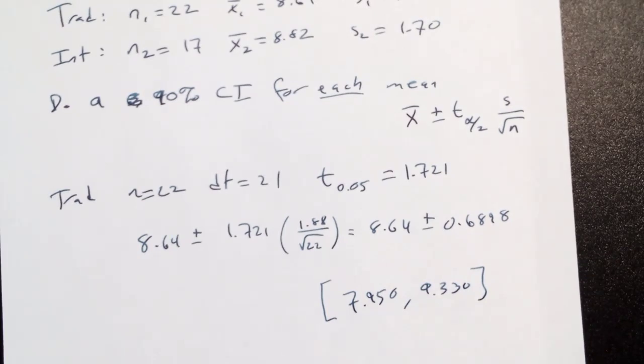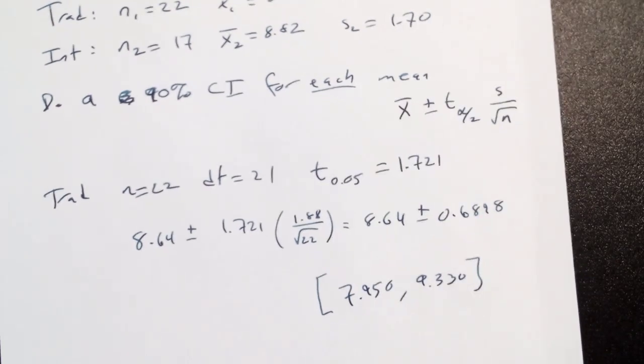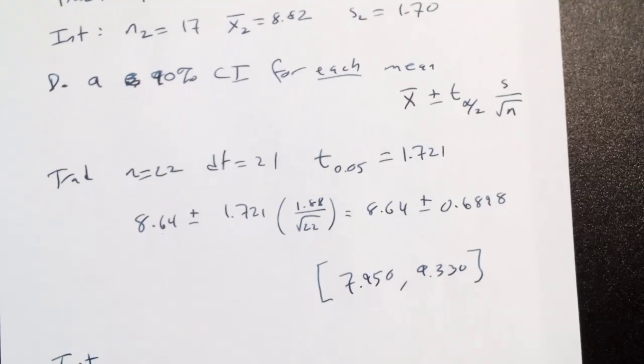What's my confidence interval for the second group? Again, only this time, population size is different. Population size is different, the t-value is different.